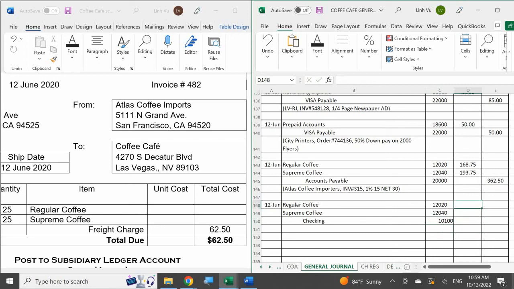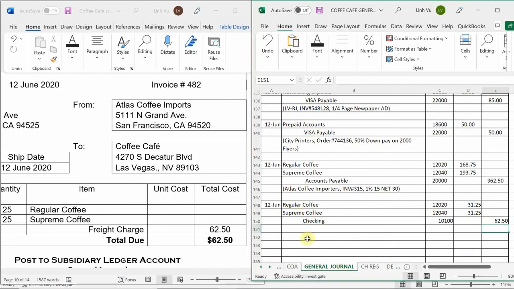So we said, how much are you dividing the shipping cost amongst? You said 50%. So $62.50 divided by 2 gave you $31.25. So therefore, you're going to be cutting a check for $62.50.